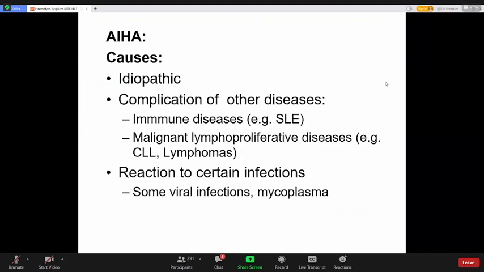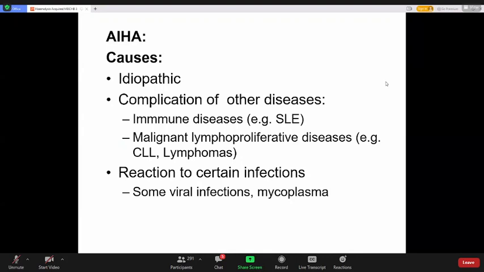There are many of them. These are examples of conditions that can lead to an individual producing autoantibodies against their own red cell antigens, and we call that autoimmune hemolytic anemia.